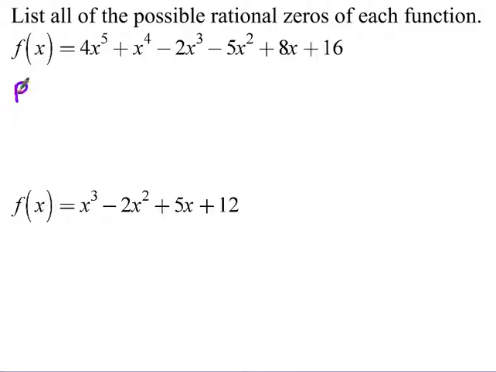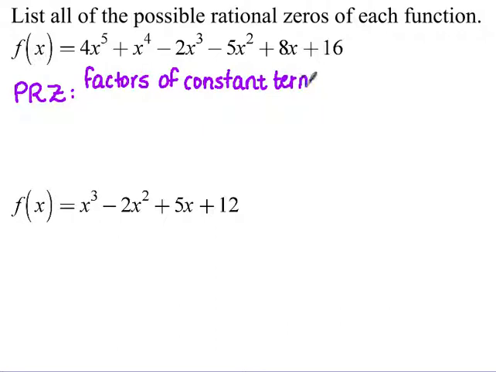We can find the PRZs by taking the factors of the constant term divided by the factors of the leading term.